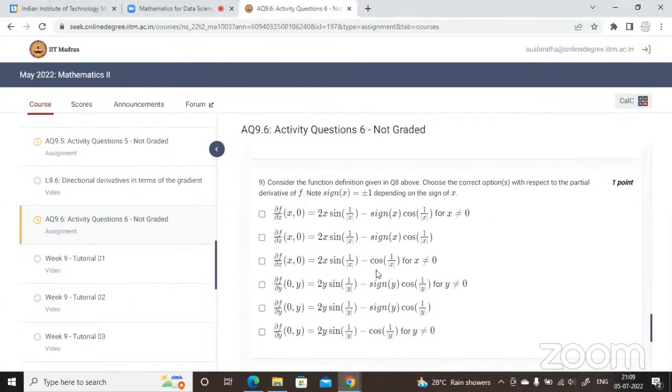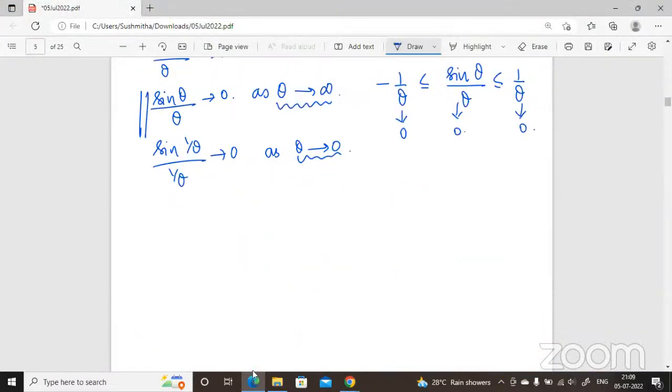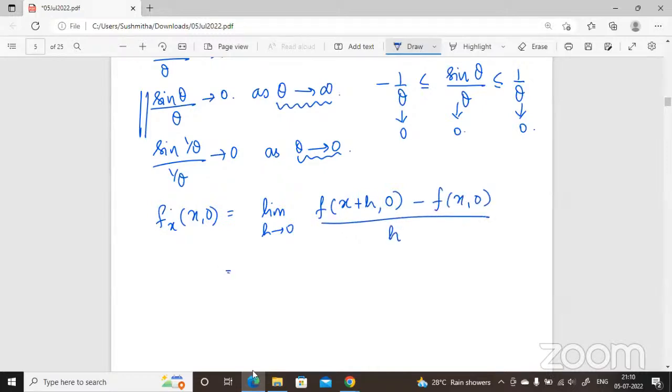Question 9, okay. So did you calculate the partial derivatives? So again, fx at (x, 0) is the limit as h goes to 0 of f(x plus h, 0) minus f(x, 0), by h.